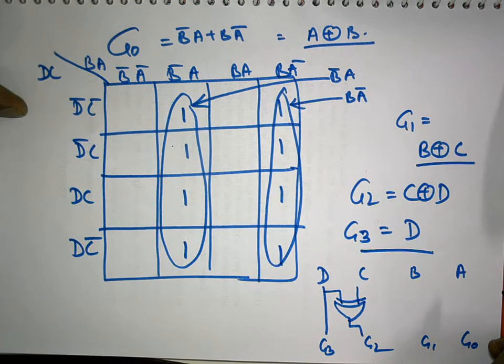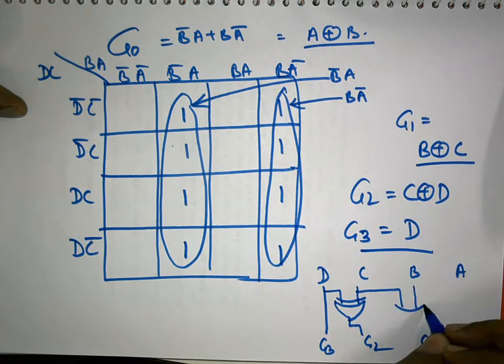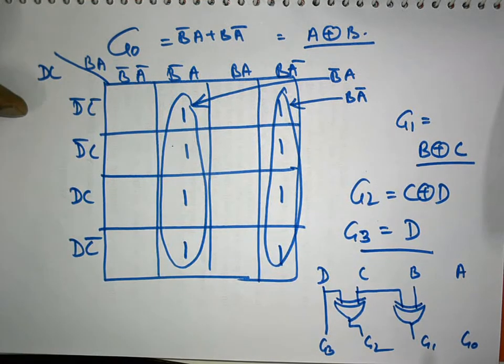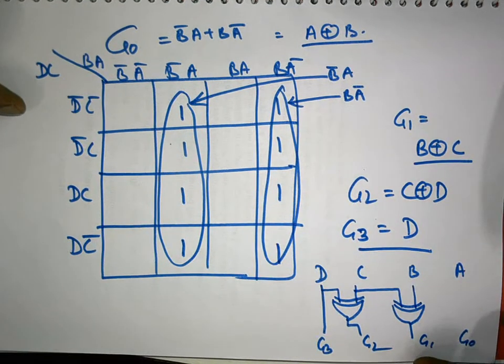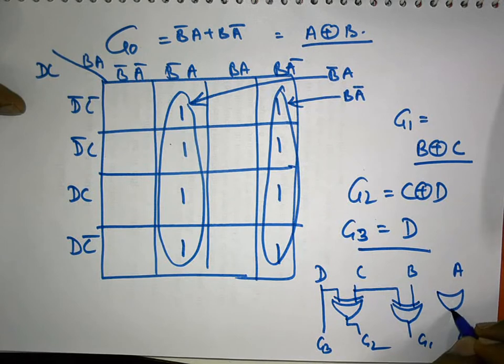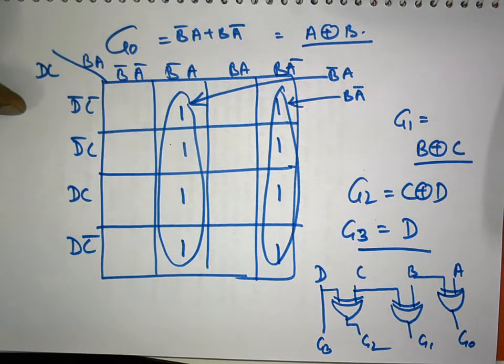It is exclusive OR between C and B. You have to simply realize an exclusive OR gate for this. And what is G0? It is exclusive OR between B and A. So this way you can realize a 4-bit binary to gray code converter.